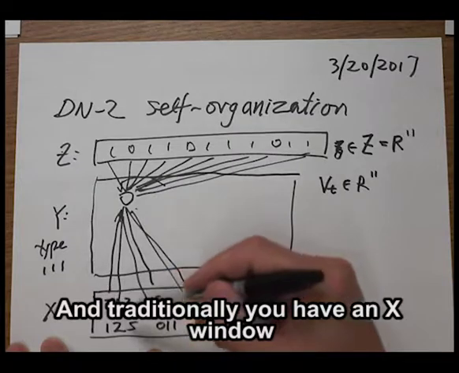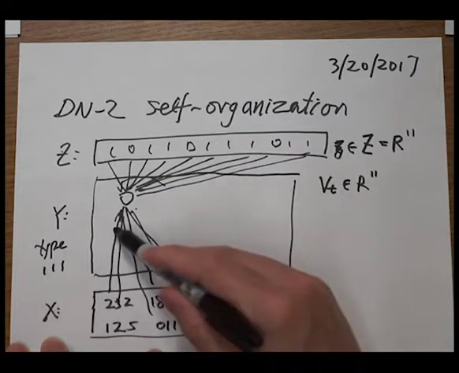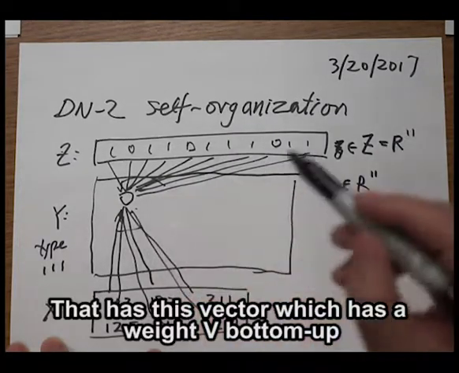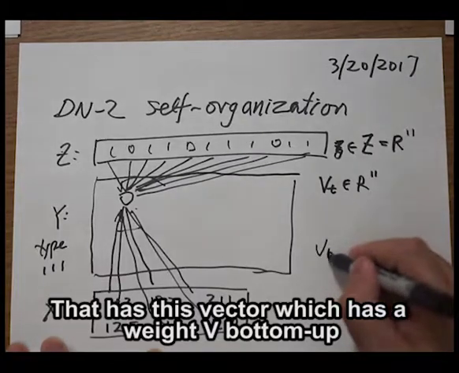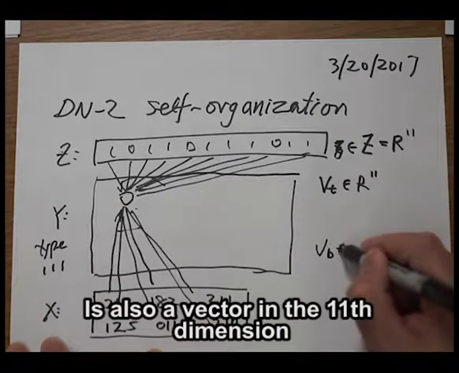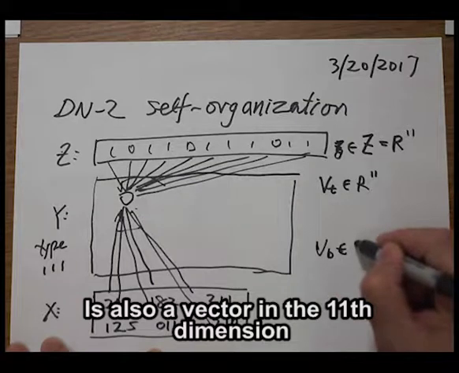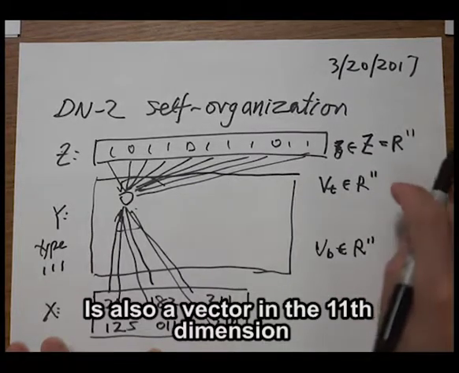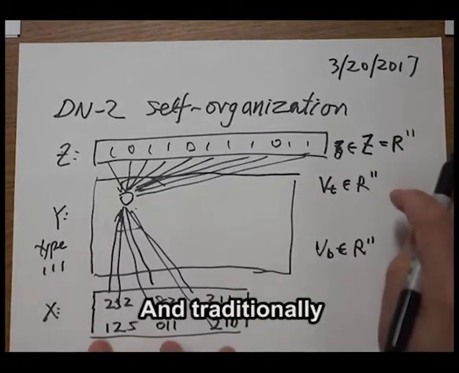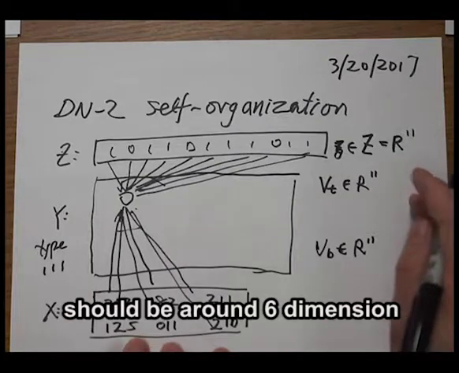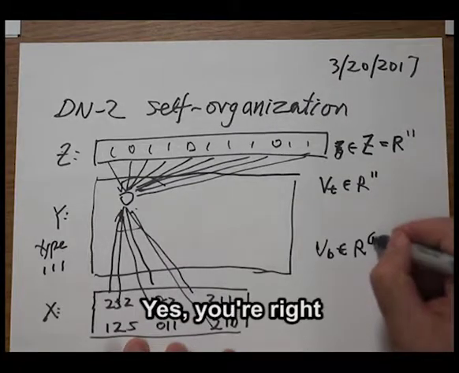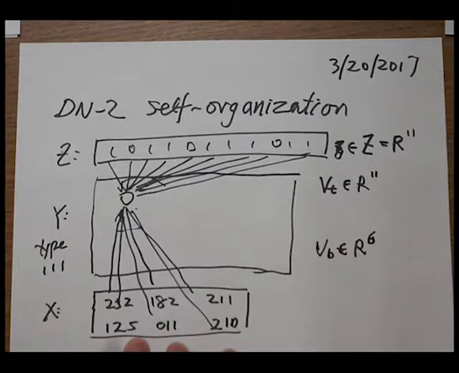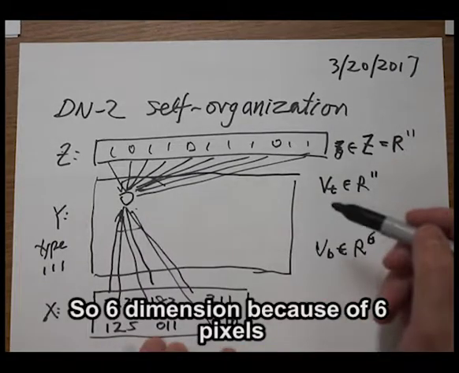And traditionally you have the x window, then it has this vector. This vector has a weight, V bottom-up, which should be a vector in 6 dimensions because it matches the 6 pixels.